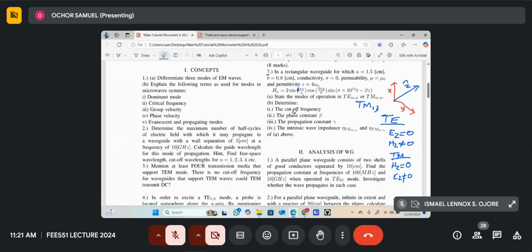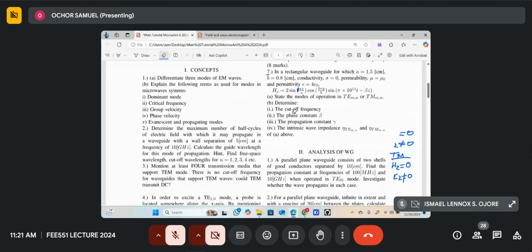Okay, Roman 1, the cutoff frequency. Tony, how will we calculate the cutoff frequency? C over 2 into the square root of m over a squared plus n over b squared.